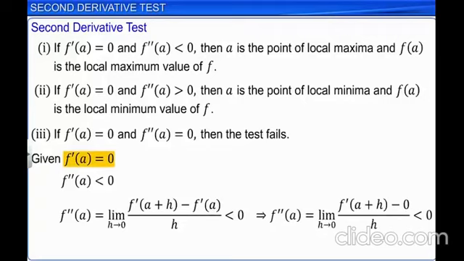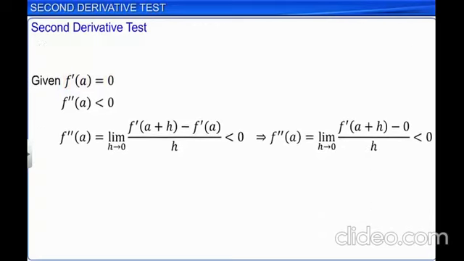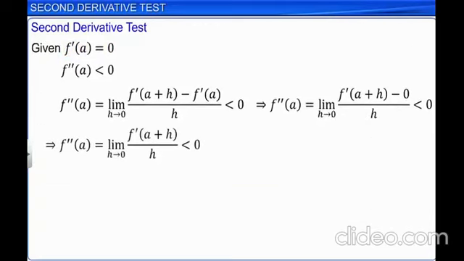For a sufficiently small h, the first derivative of f at a plus h, upon h will be less than 0. Now two cases arise. The value of h may be either negative or positive.